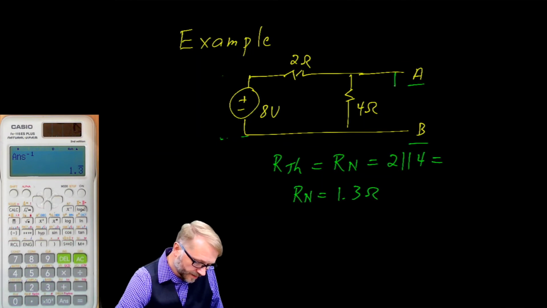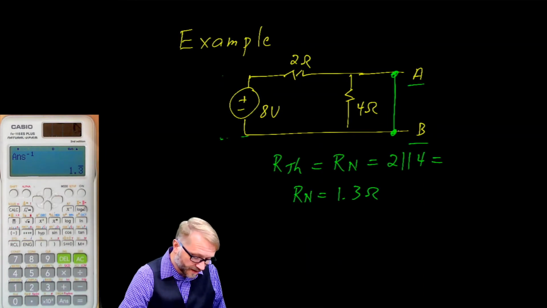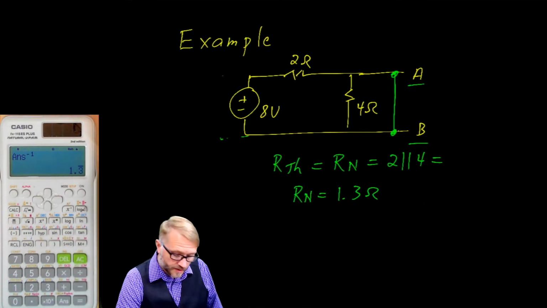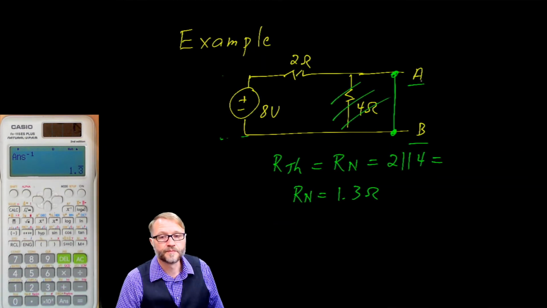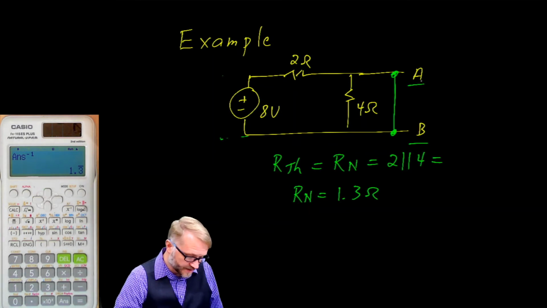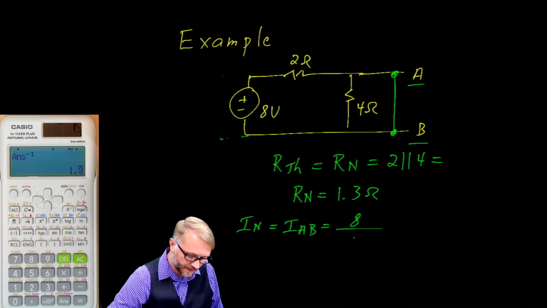And then we apply a direct short across terminals A and B. In this particular case, this is a very easy problem to solve now. Check this out. When you short A to B, you've effectively removed this resistor, haven't you? With no voltage developed across it, it doesn't exist. So that means our Norton current is the current A to B, which is the source divided by 2 ohms. So that's just 4 amps.